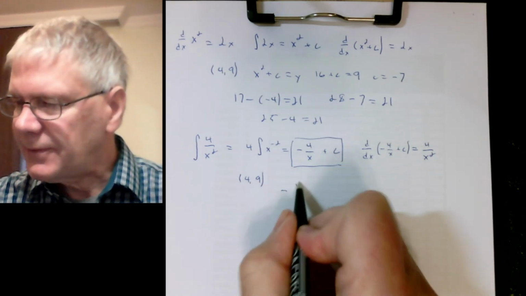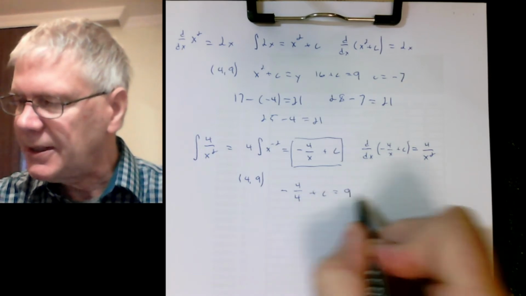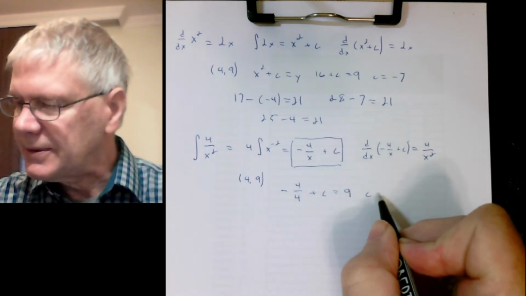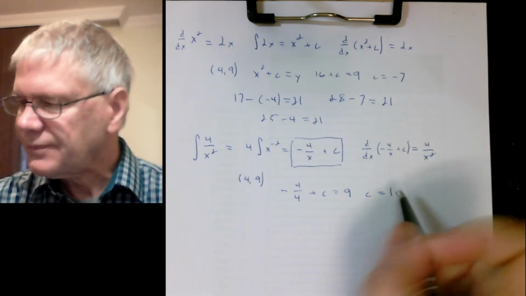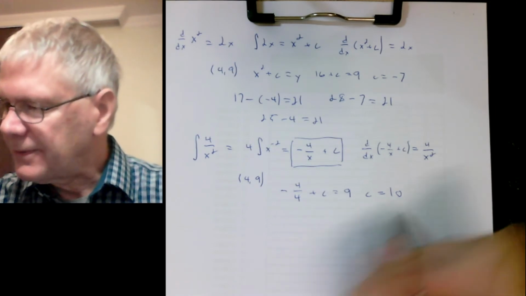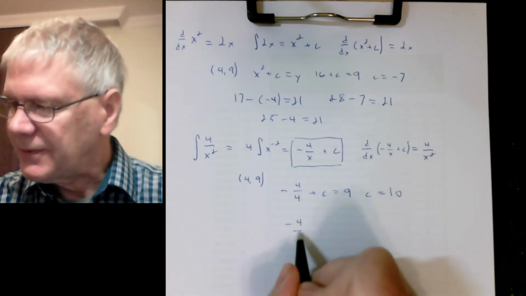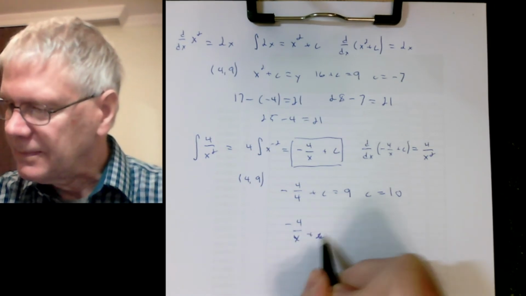So minus 4 over x, which is 4, plus c has to equal 9. And so c is equal to 10. Minus 1 plus 10 will be 9. So my full solution here will be minus 4 over x plus c, or plus 10.